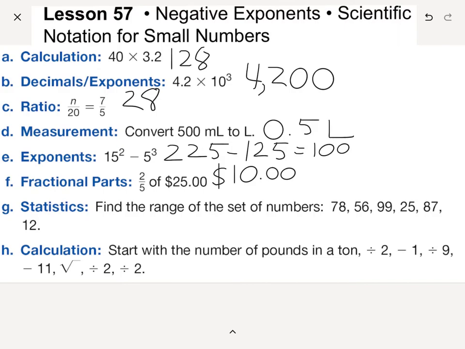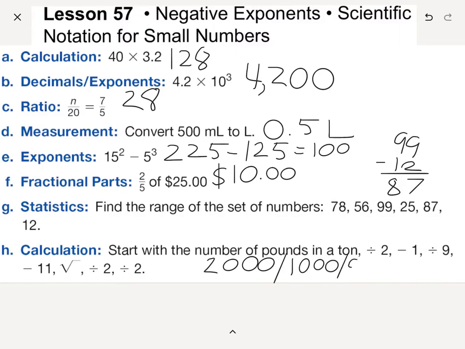So this would be to find the range. You would just take the largest number and subtract the smallest number. And 87. Then starting with the number of pounds in a ton, 2,000. Random arbitrary number, divided by 2, 1,000, minus 1, 999, divided by 9, 111.